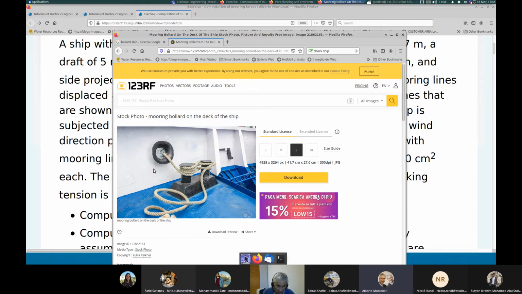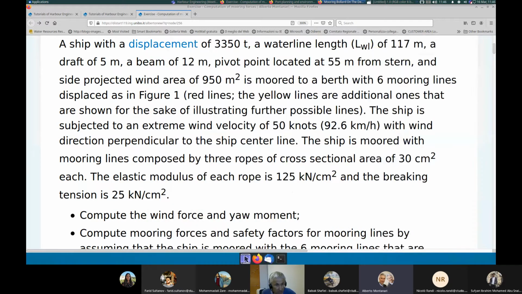If you join together several ropes, then of course it's more resilient, because if you get one of the components damaged, then it's not automatically extended to the other ones. Very good. So this explains why I say that it's moored with mooring lines composed by 3 ropes.